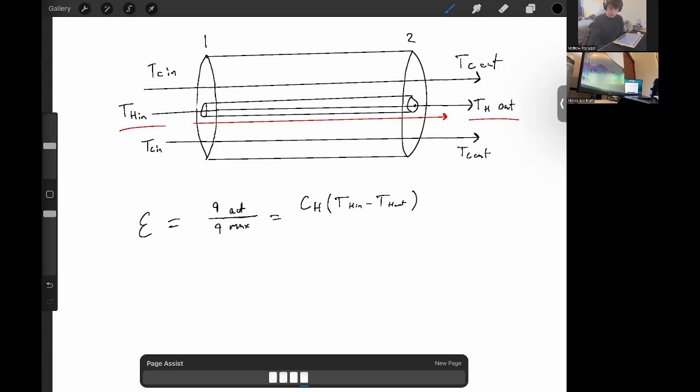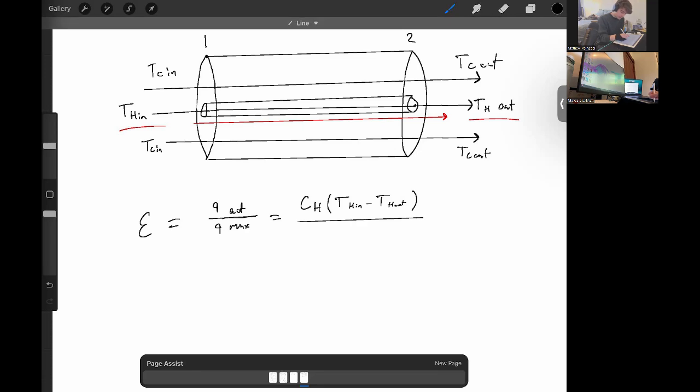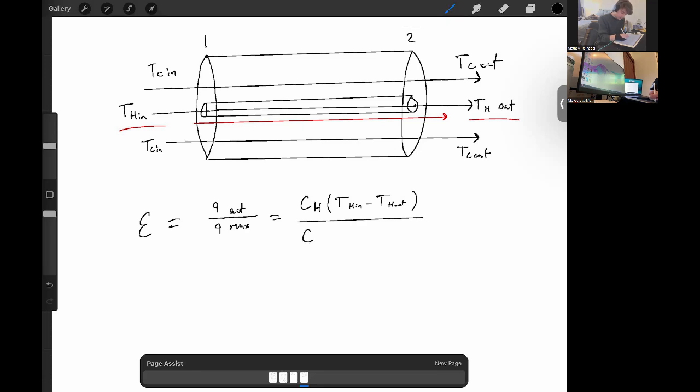So our Q maximum is going to be C H multiplied by, if we think about this logically, that temperature out should be equivalent to the temperature that was going into our system for the cold line. So this is going to be T H in minus T C in.